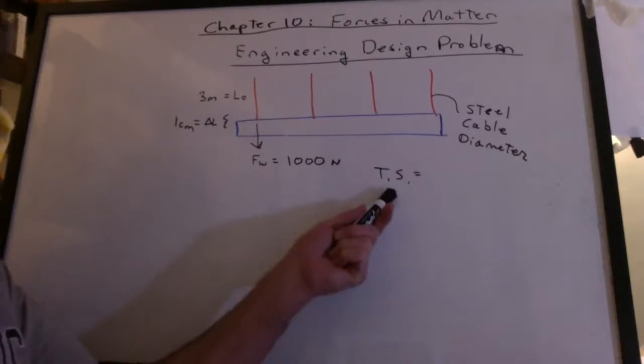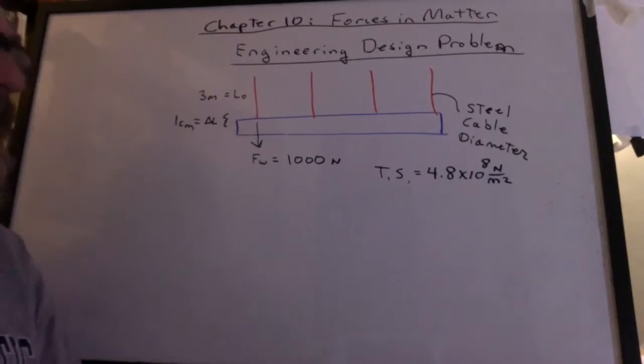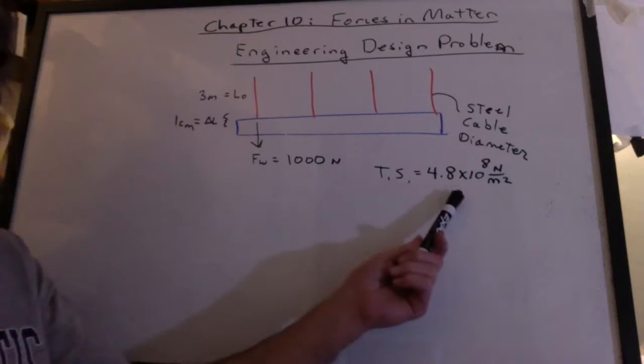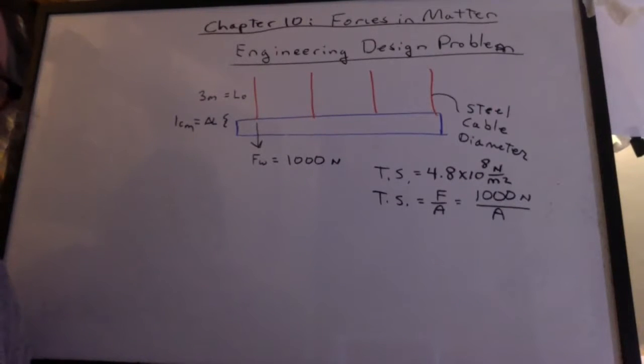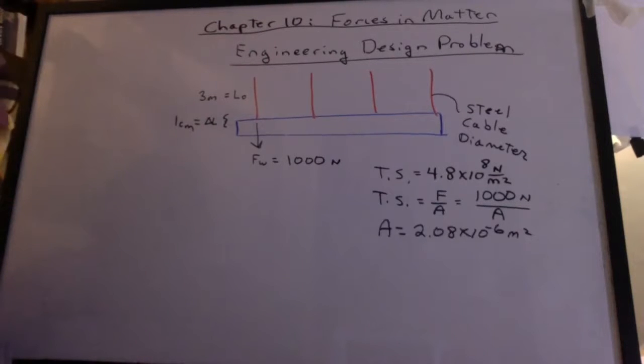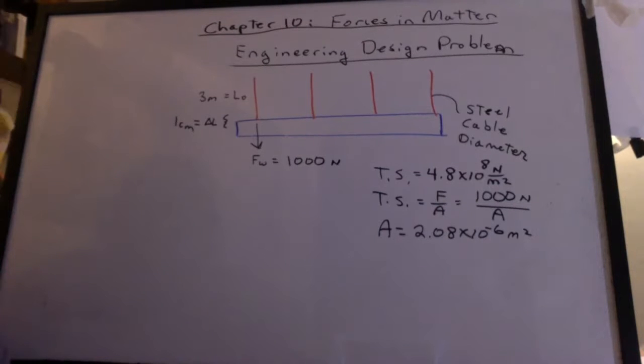First, we're going to look at the tensile strength. This type of data would be supplied by the manufacturer. The tensile strength is equal to force per area. We have to support a load of 1,000 newtons, so we can calculate the area. This gives us 2.08 times 10 to the negative 6 meters squared. But how do we get diameter?